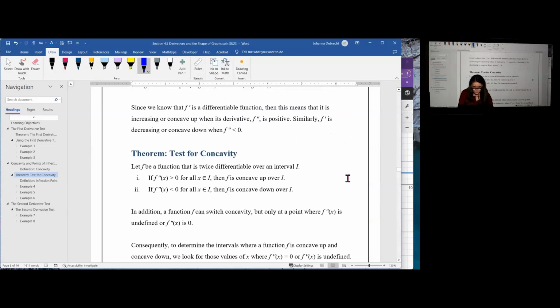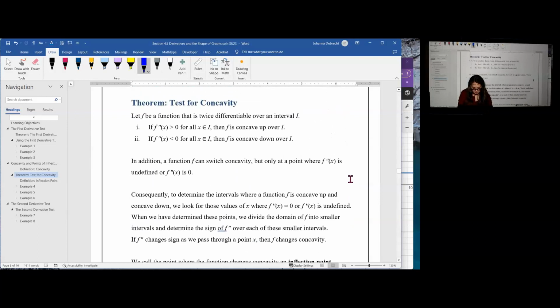Let's take a look at the theorem for concavity. Let f be a function that is twice differentiable, meaning we can take the first derivative and the second derivative over an interval I. If the second derivative is positive for all the x on the interval, it's concave up over that interval.